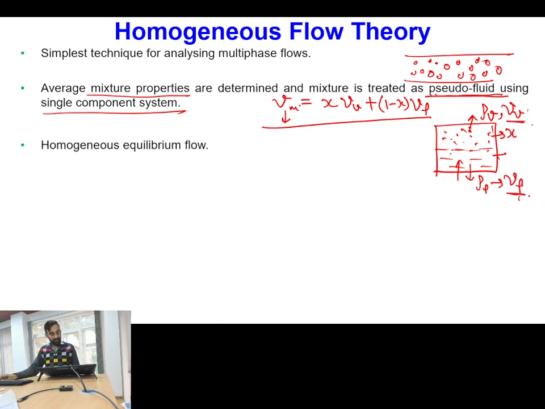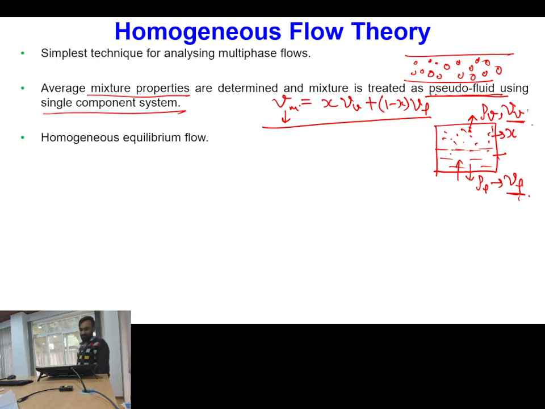The third important point is, whenever we use the homogeneous flow theory, we have to consider equilibrium between the phases. Typically we know there are thermodynamically different types of equilibrium: thermal equilibrium, mechanical equilibrium, and chemical equilibrium.